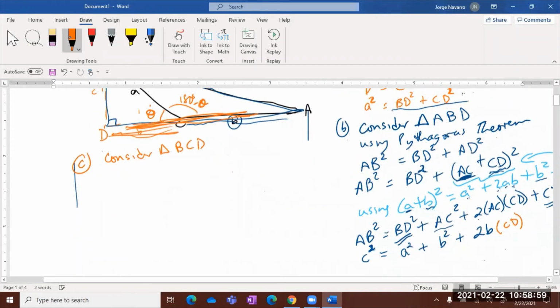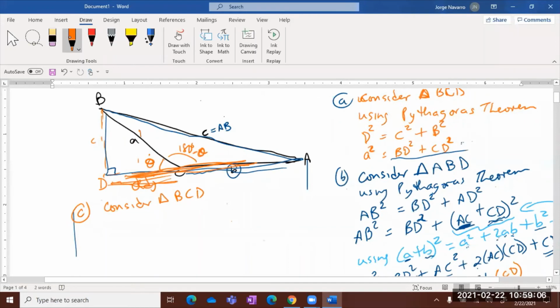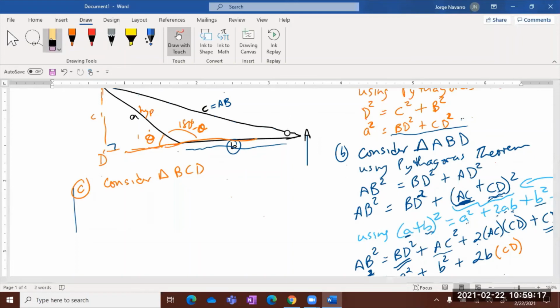This CD, I can call it the adjacent of that triangle, and A is actually the hypotenuse. So which trig ratio talks about adjacent over hypotenuse?